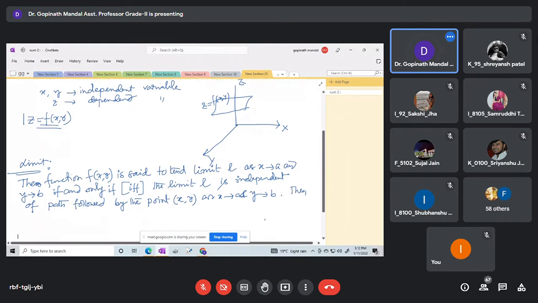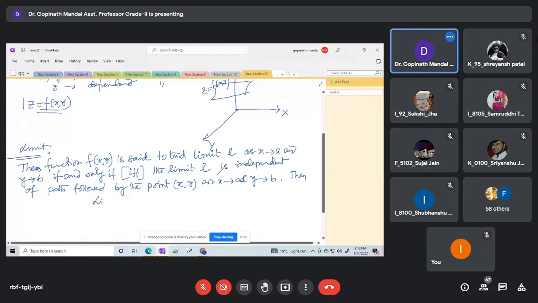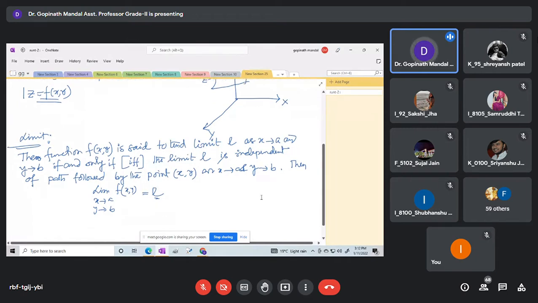Then the limit of the function f(x,y) as x tends to a and y tends to b will be equal to L. So L is independent of the path by which (x,y) tends to (a,b).